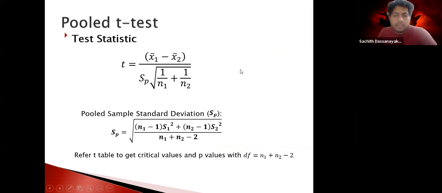Okay. This is the summary of what we have discussed so far. Pooled t-test. For the pooled t-test, the test statistic is what happened here.